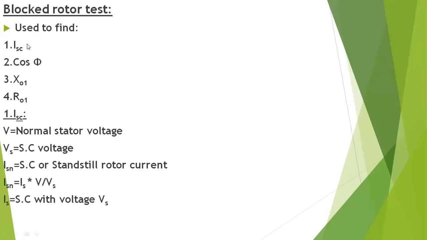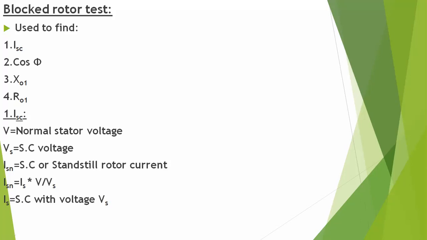In this short circuit test, we apply normal voltage to the stator and find out the short circuit current ISC. SC means short circuit, OC means open circuit. Second one is the power factor on short circuit, cos phi.